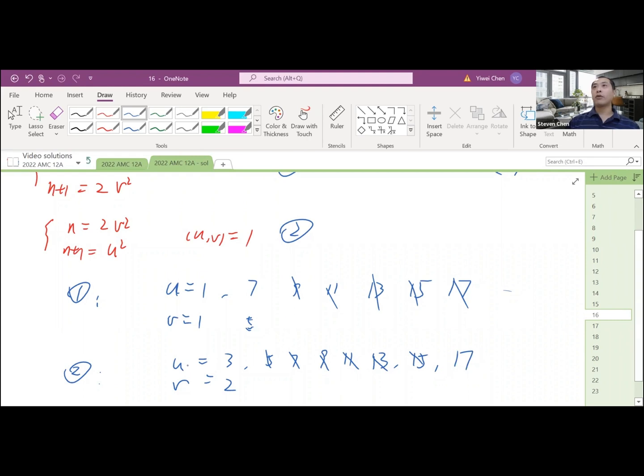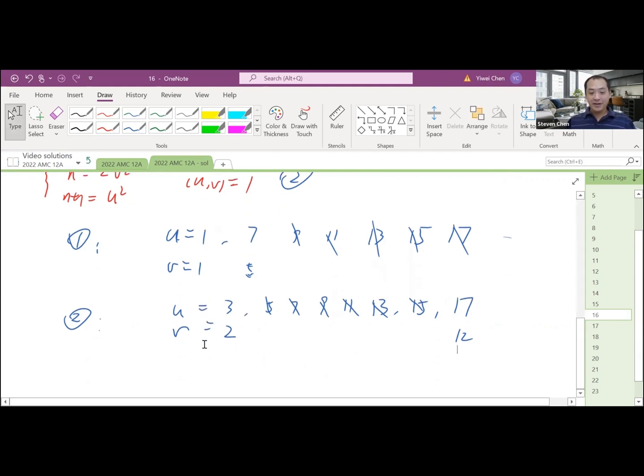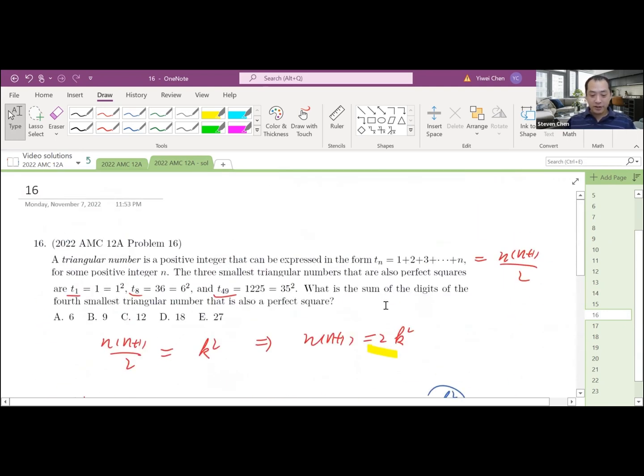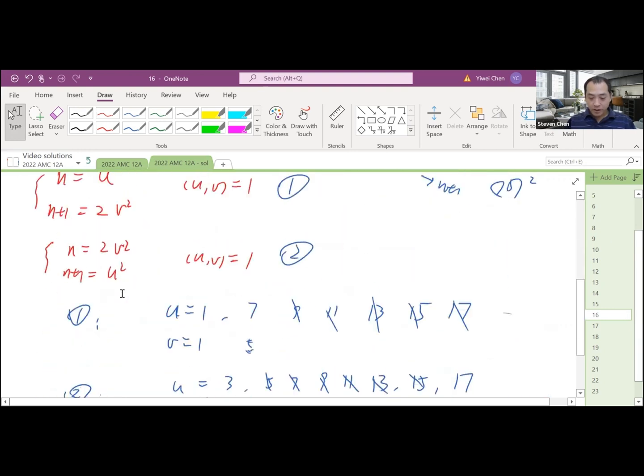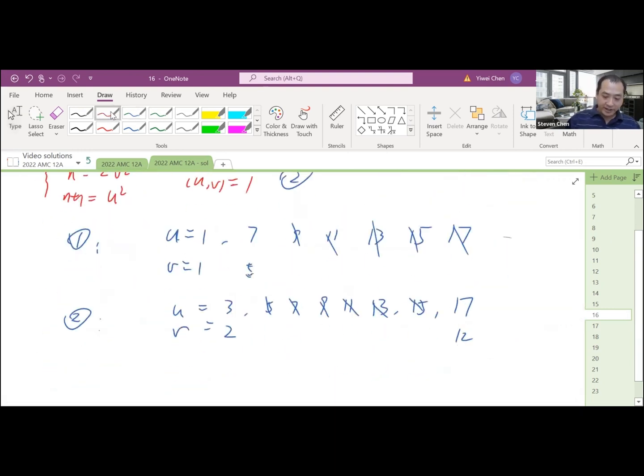Its half is 144. Wow, it's pretty good. So we found a solution, it's a perfect square. It's 12 squared, right? So now we have identified 4 solutions, right? Wow, that's really good. And let's check those solutions against the first 3 smallest numbers given in the problem, right? So let's see what n's we get.